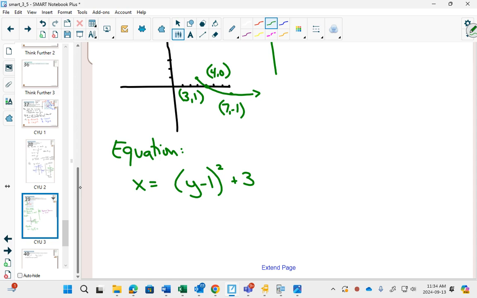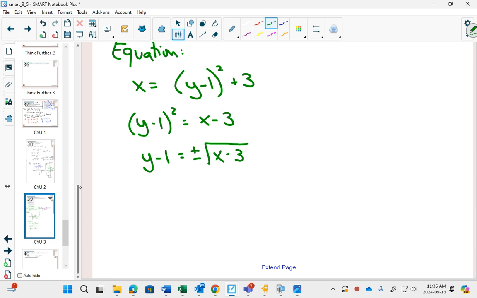How would I do that? I bring the 3 over to the other side, so the y minus 1 squared by itself would equal x minus 3. I would square root both sides. When you square root both sides, you have to remember plus or minus. And finally, add 1 to both sides.